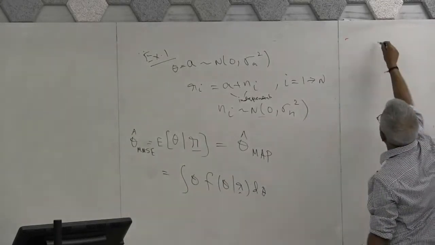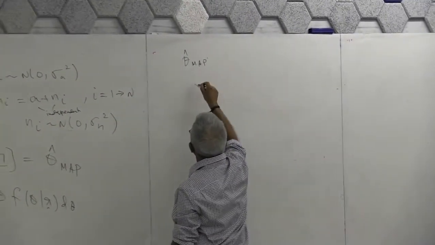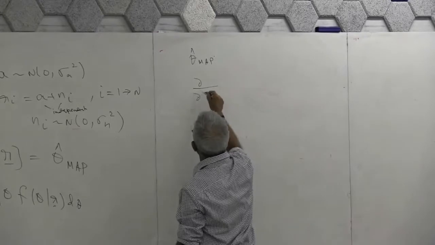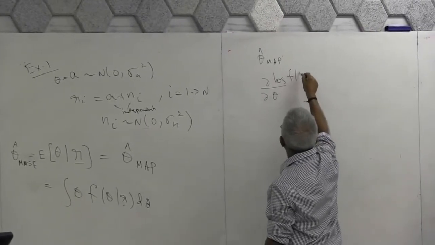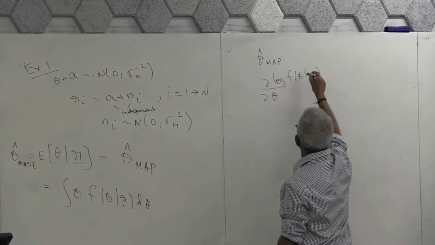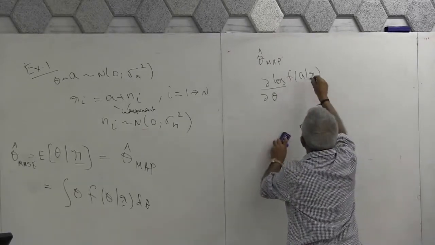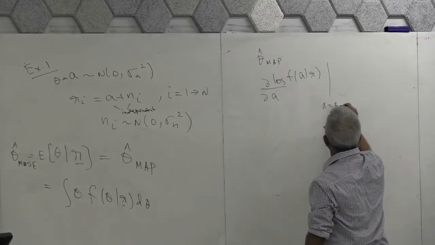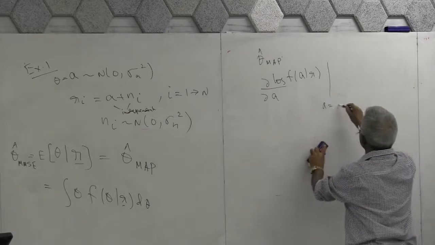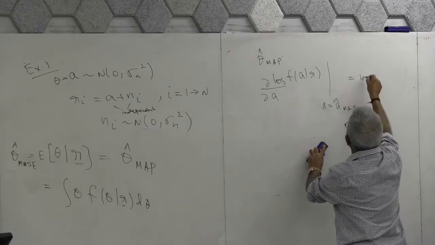So if you want to find theta hat MAP, you can take the derivative of the logarithm of f of theta given r, right? Theta is what here? A, right? And A equal to A hat MAP equal to 0.